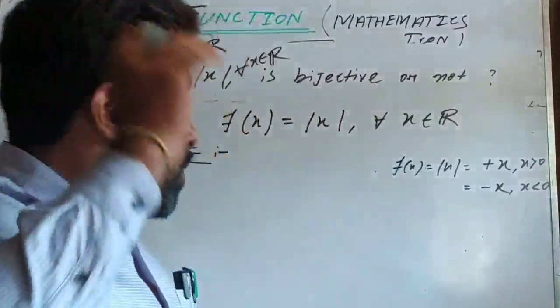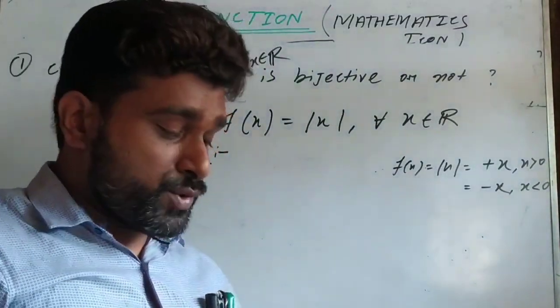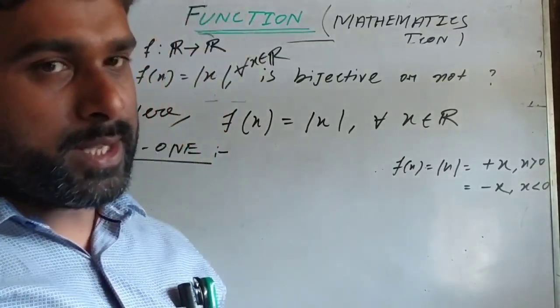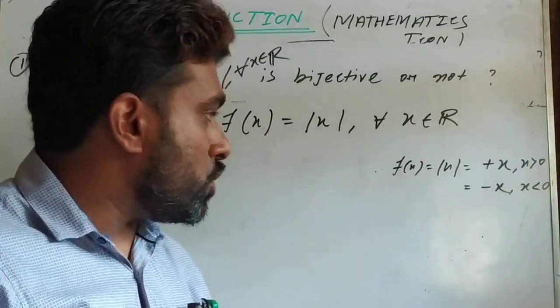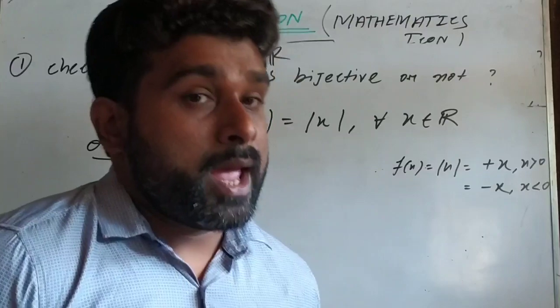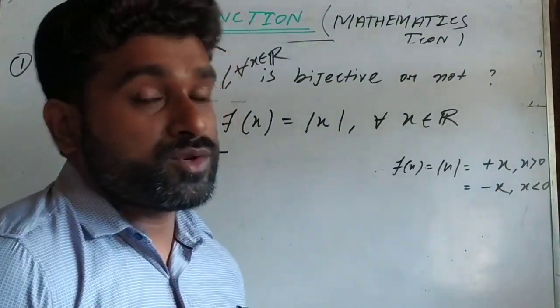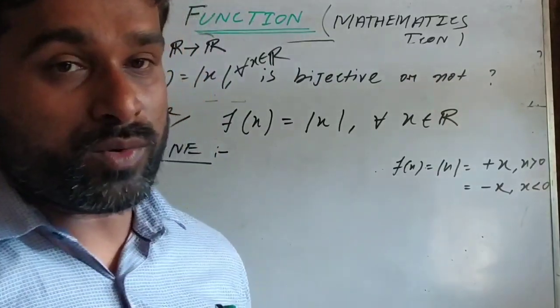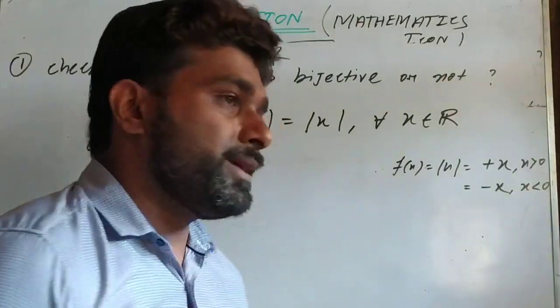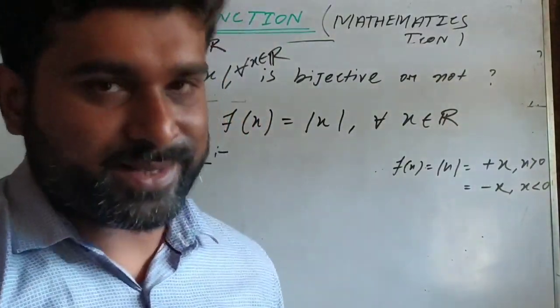That means whenever greater than 0 values of x are chosen, the answer will be plus x. And when a value less than 0 is chosen, that means minus 1, minus 2, minus 3, minus 4, this type of values, then the answer will be minus x.